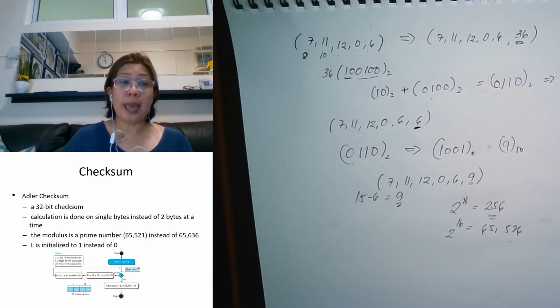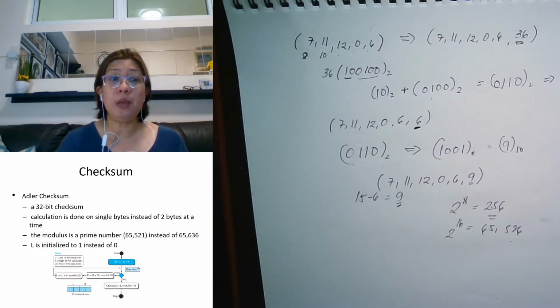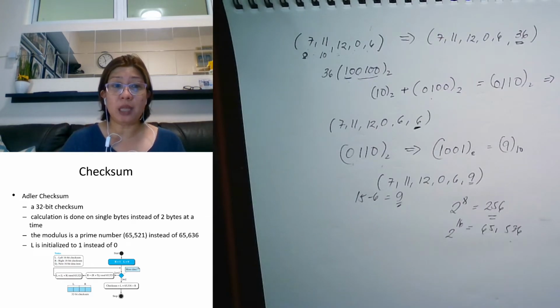It has been proven that a prime modulo has better detecting capability in some combinations of data compared to an even modulo. This is the simple algorithm flowchart for an Adler checksum.